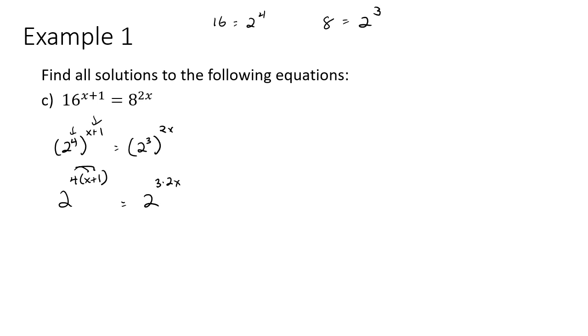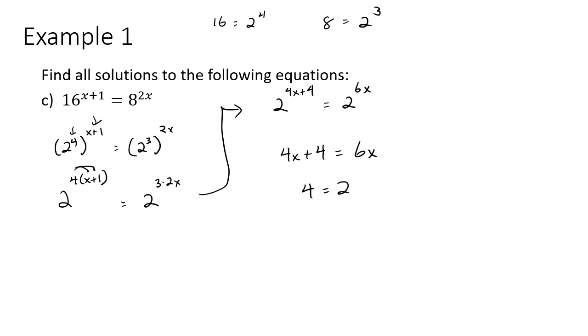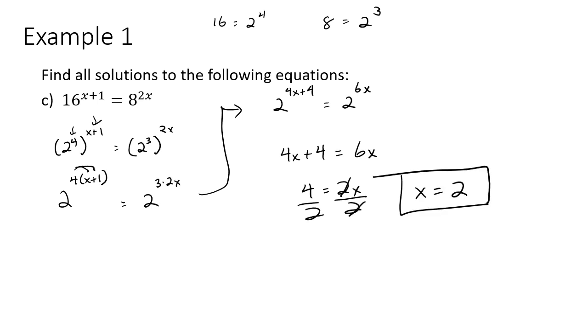So now if we distribute through, this would give us 2 to the 4x plus 4 is equal to 2 to the 6 times x. And now, just like before, we can set the exponents equal to each other and solve. Subtract 4x from both sides. Divide by 2. And we get x is equal to 2.